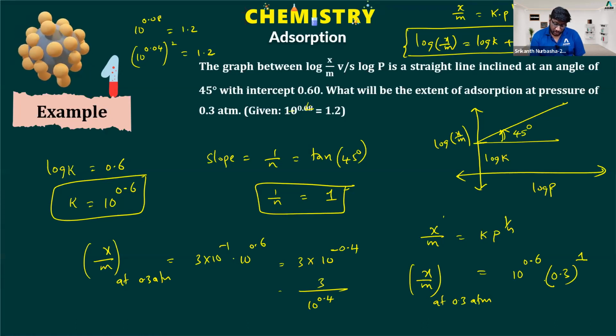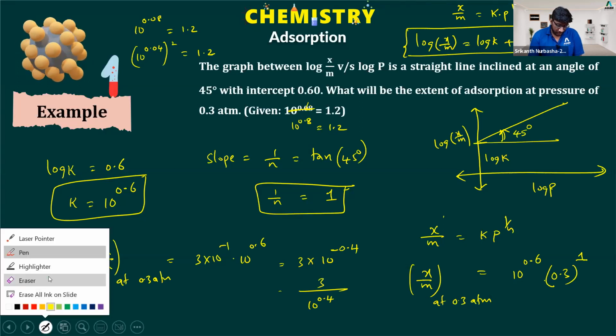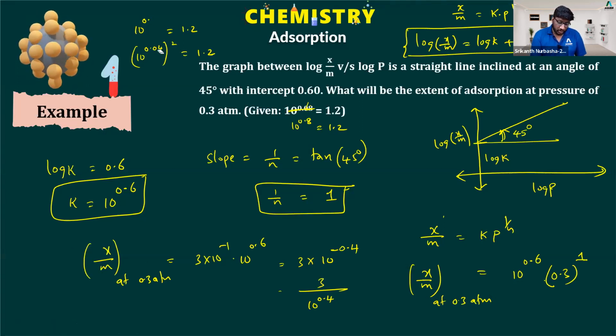It's not 0.08, you take 10 power 0.8. That is 1.2. Because again we have to do 1 by 10, that will be again a very high value. Okay, 10 power 0.8 you take, because if I take 10 power 0.08, we have to again divide it, right? 0.08 into 10 by 10, that is 0.8 by 10.